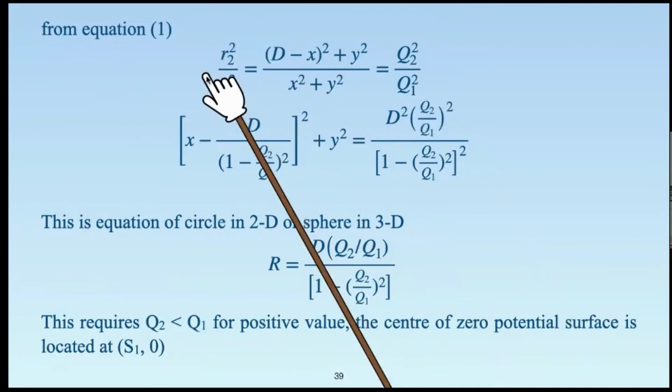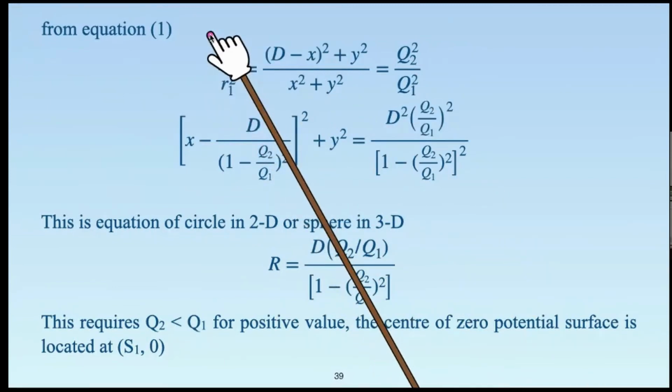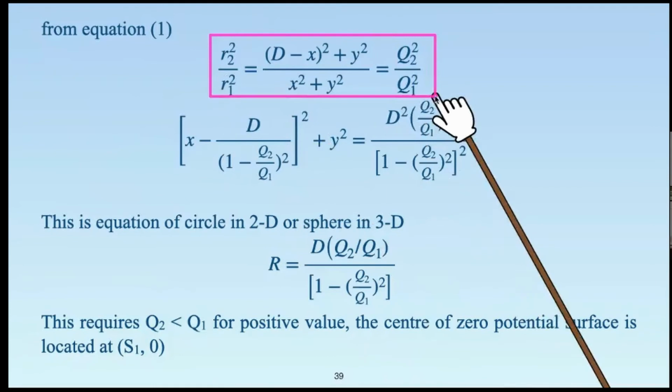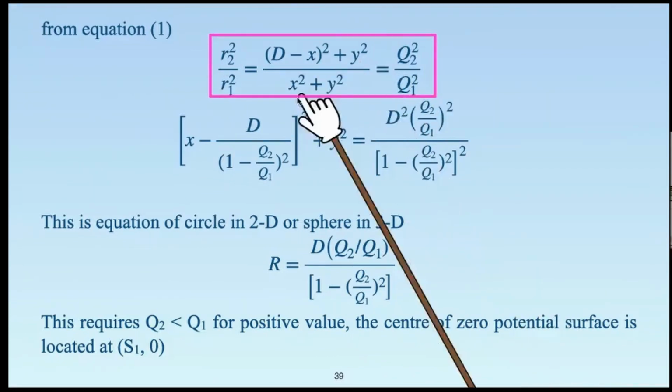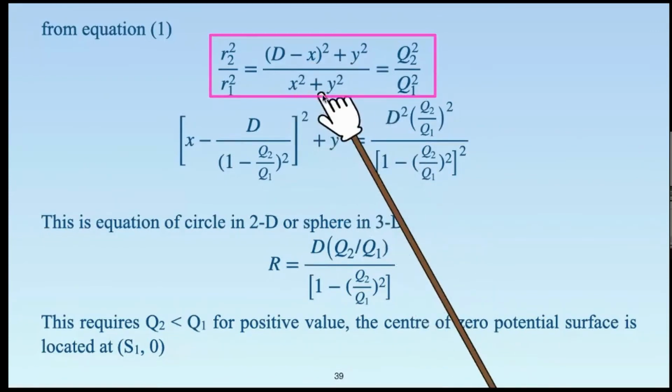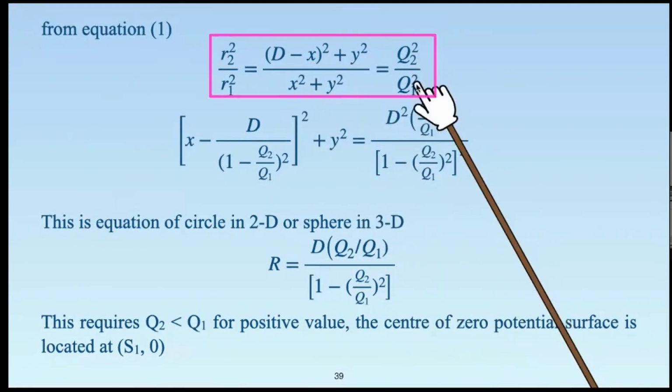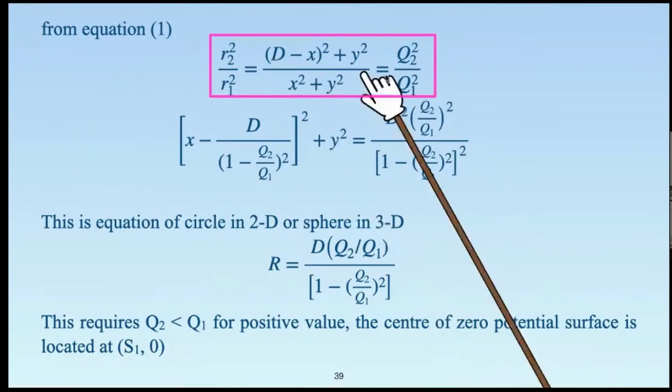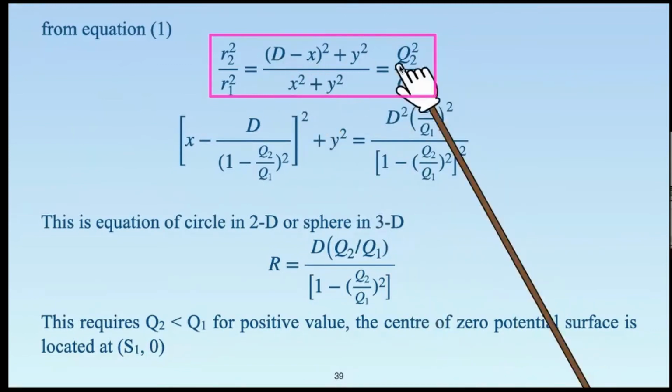Please observe here that in this equation, x and y represent the coordinates in a two-dimensional space. But all other parameters, even d, are dimensions.